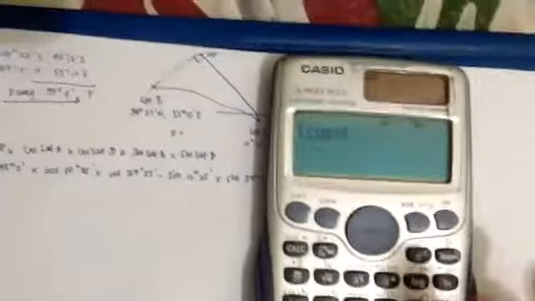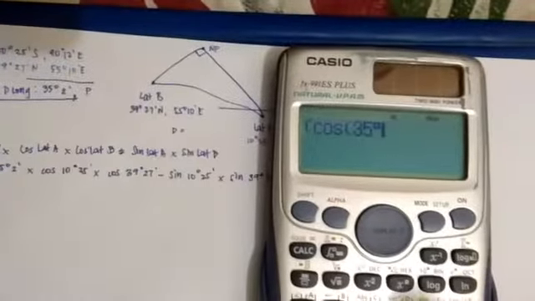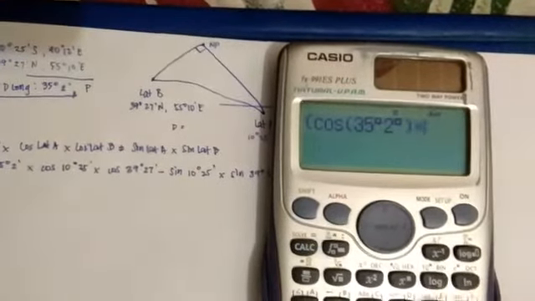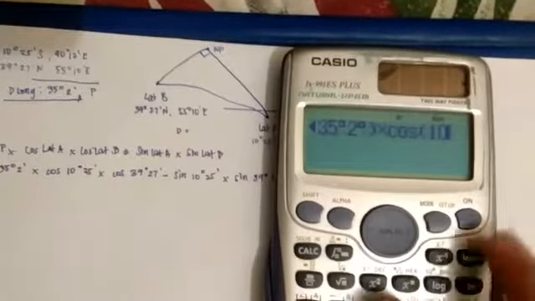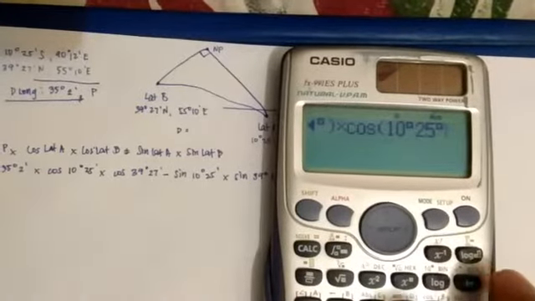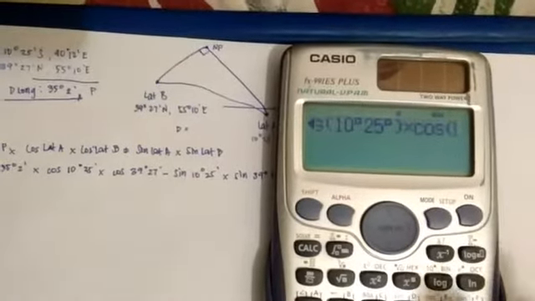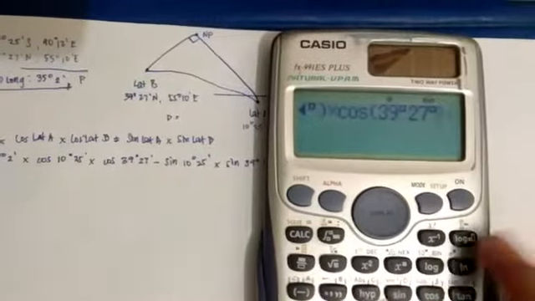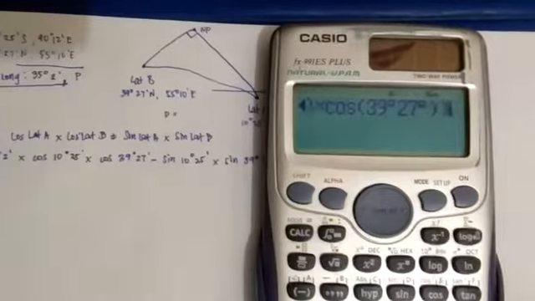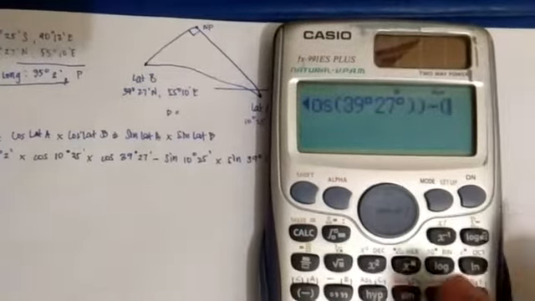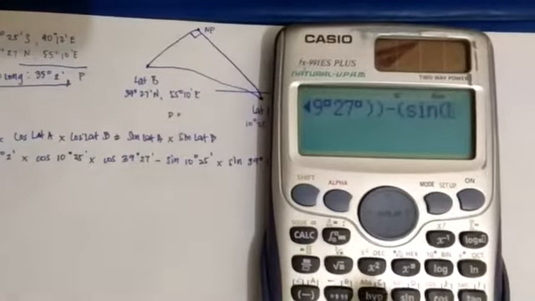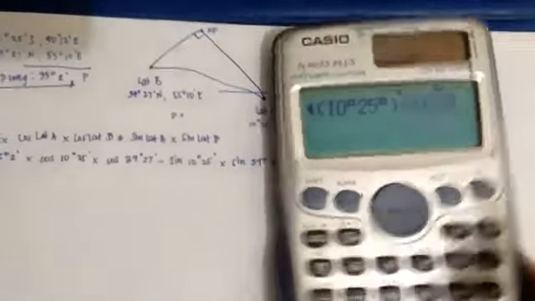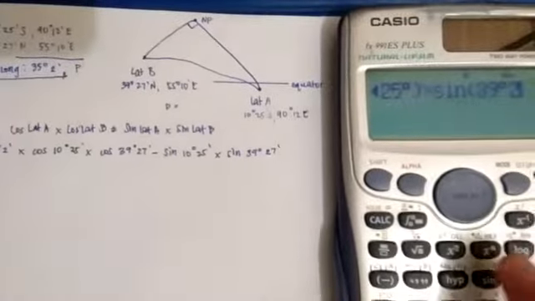So cos P, 35 degrees and 2 minutes, times cos 10 degrees and 25 minutes, times cos 39 degrees and 27 minutes, minus sine 10 degrees 25 minutes times sine 39 degrees 27 minutes.